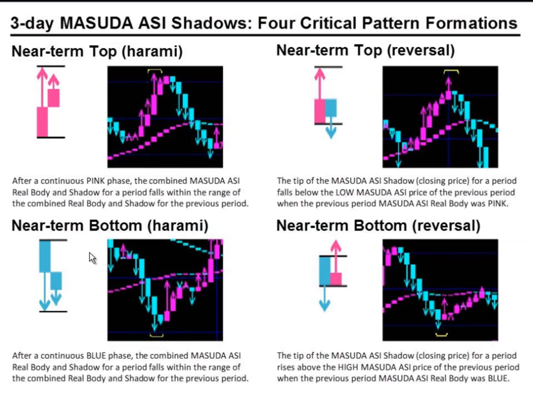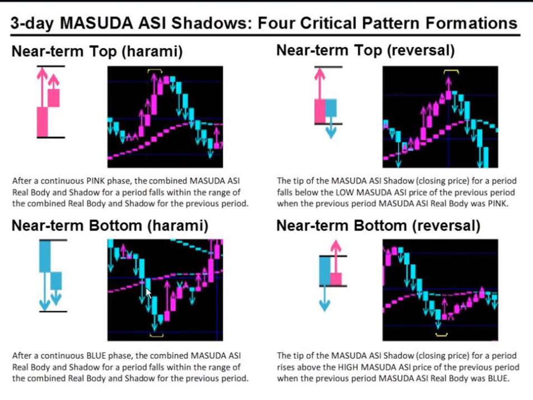While we're on the topic of harami, let's look at the bullish harami, or the near-term bottom harami, where we expect it to turn up. This is the bullish harami after a continuous blue phase, so we've been on a declining phase. The combined Masuda Ashi real body and shadow for a period falls within the range of the combined real body and shadow for the previous period.